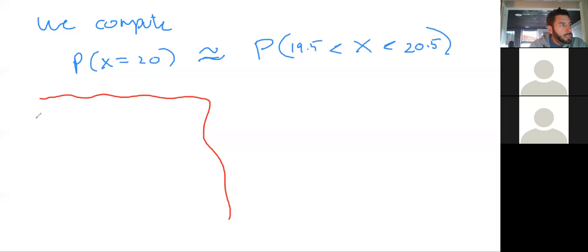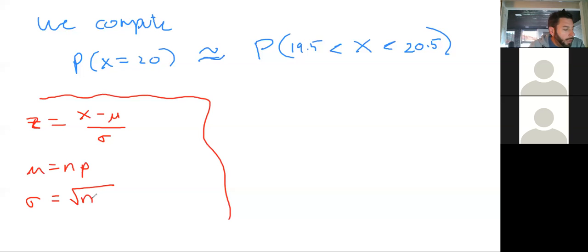So what do you have? You have z is x minus mu over sigma. Now, what are our mu and sigma? Well, don't forget, we mentioned this last week. What is mu? Well, mu is NP, and sigma is the square root of N times P times 1 minus P. So now we have to compute these values.